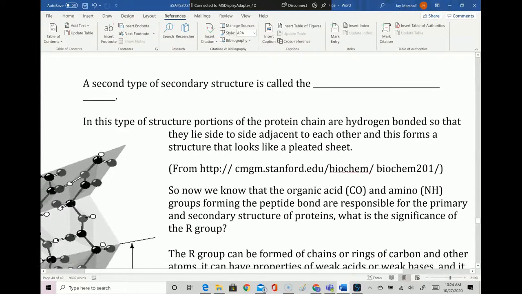A second type of structure is called the beta pleated sheet. The beta pleated sheet.